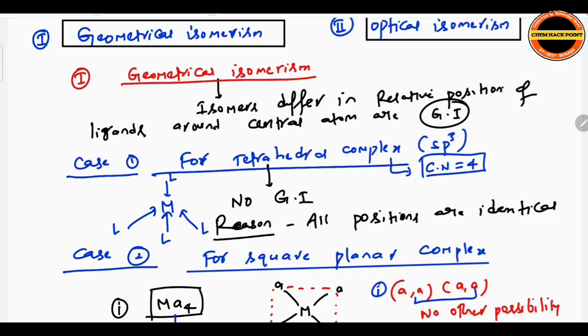See, if there is a difference in the relative position of ligands, then GI arises. Here all positions are identical, so you will not get any isomerism. Hence, very important: no geometrical isomerism in tetrahedral complexes.